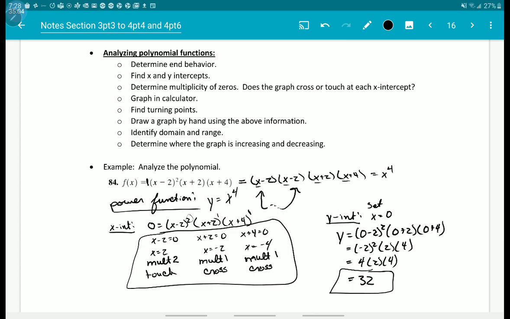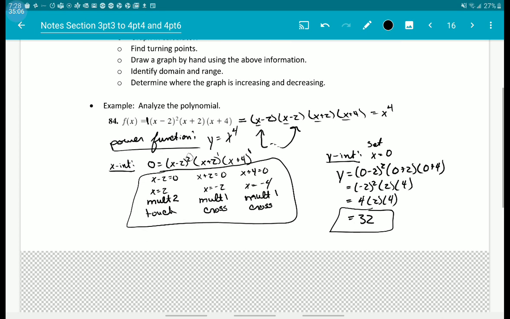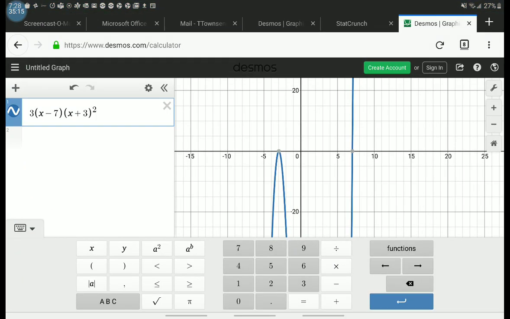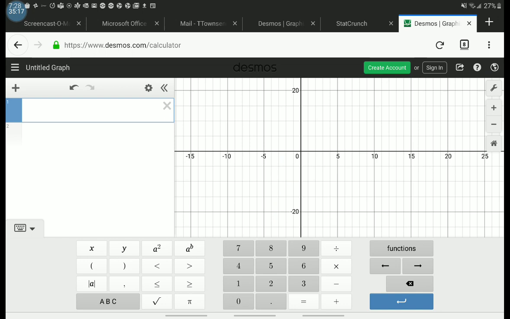Now we need to find the turning points, and we're going to use the calculator to do that. So if you plug this into your calculator, now I'm going to have to use Desmos, otherwise my calculator is going to be sideways.